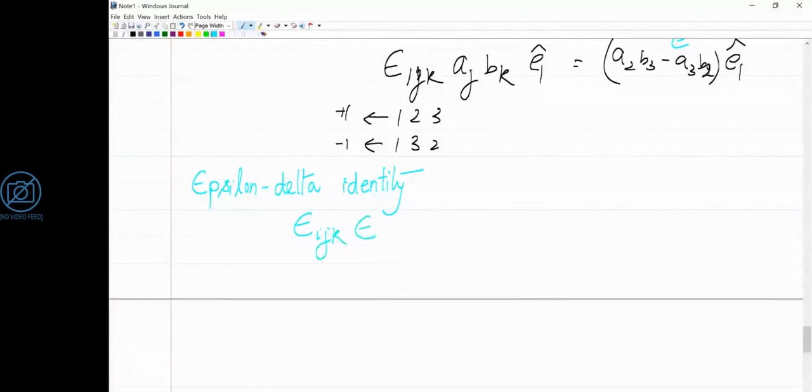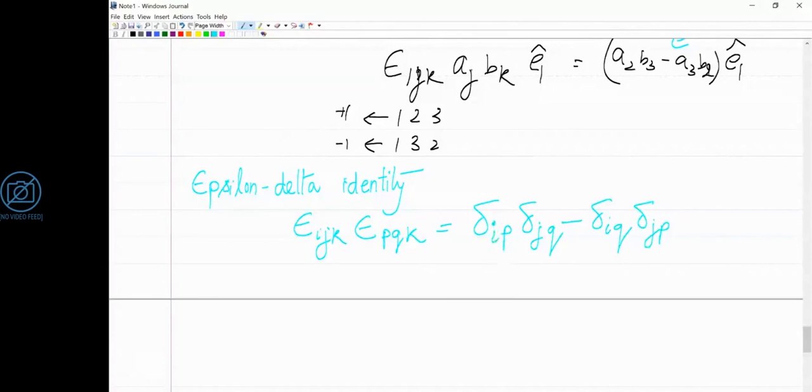So this says that epsilon ijk into epsilon pqk is equal to delta ip into delta jq minus delta iq into delta jp.